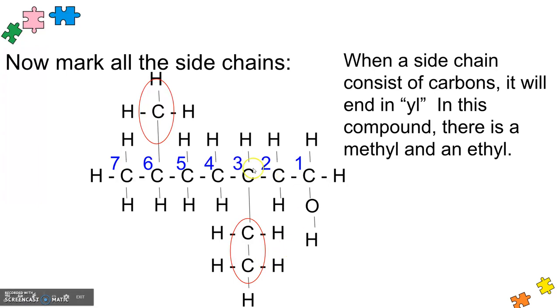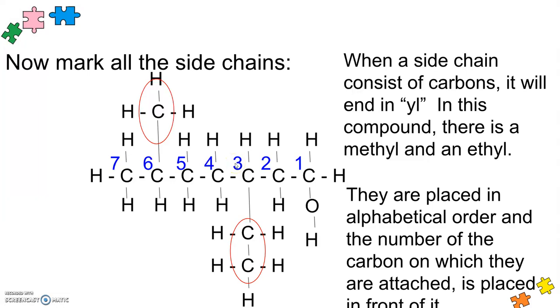Again, they can be attached to any of the carbons, so I specifically have to use a number to indicate on which carbon there is one. Now I already numbered my carbon chain, so I see that my methyl will be on the 6th carbon, so I will have 6-methyl, and my ethyl is connected to the 3rd carbon, so it will be 3-ethyl.